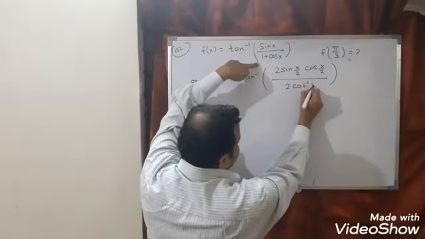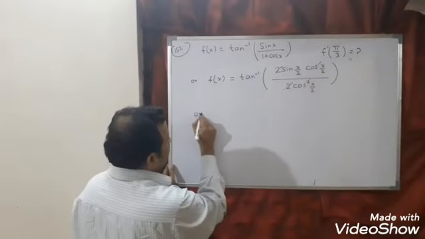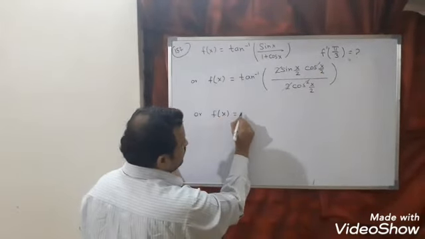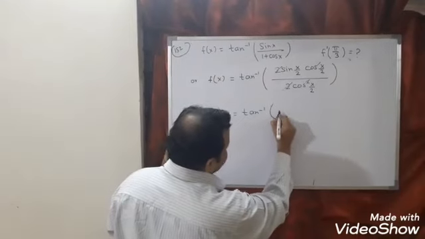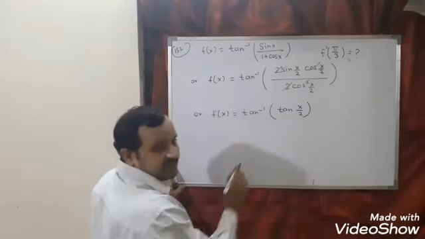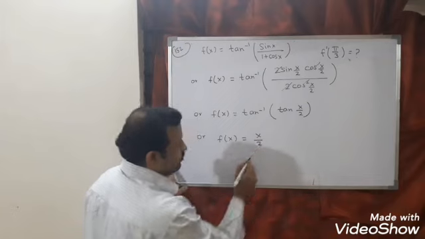I just applied these standard formulas. Now 2 cancels, and cos(x/2) cancels. So f(x) = tan⁻¹ of sin by cos, which we can write as tan(x/2). Now tan⁻¹ will get eliminated. So f(x) = x/2.